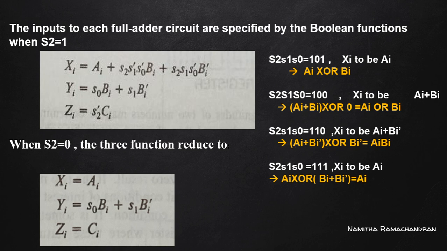And Zi is S2 complement and Ci. And with S2 equal to 0, we need to perform the arithmetic operation. We have already derived this input combination. Xi needs to be Ai, Yi needs to be S0 and Bi plus S1 Bi complement. And Zi must be Ci.